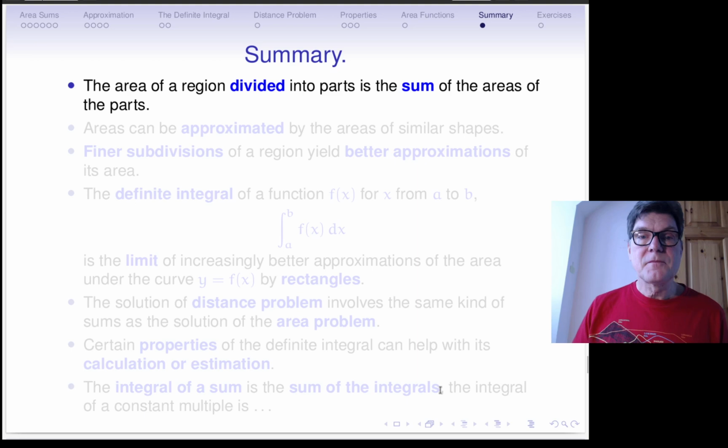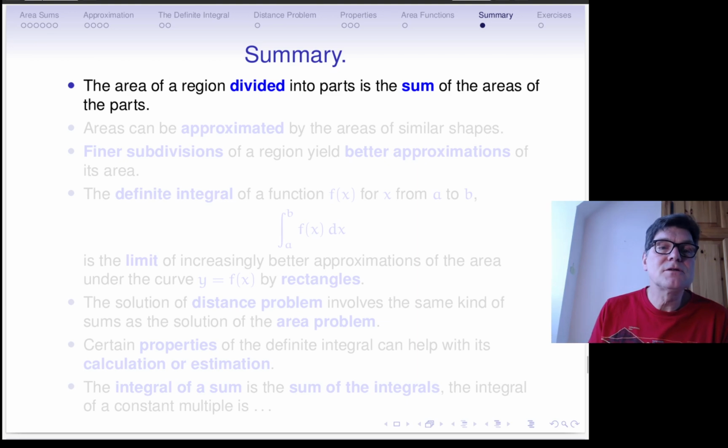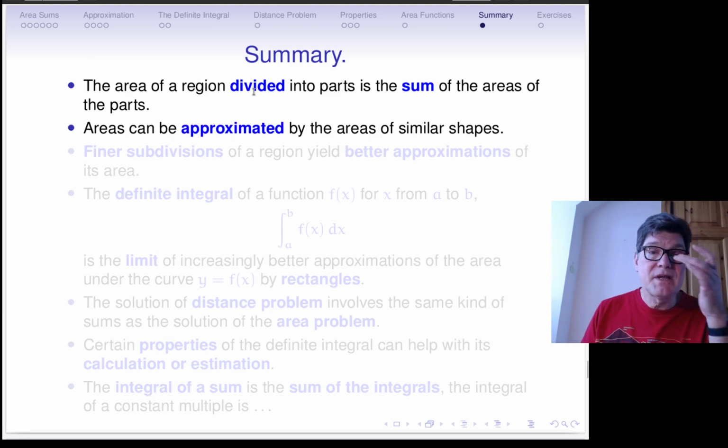So that's the definite integral. We've defined the definite integral following a couple of ideas, namely that the area of a region divided into parts can be described as the sum of the areas of the parts. We've seen that we can approximate areas by areas of similar but simpler shapes.